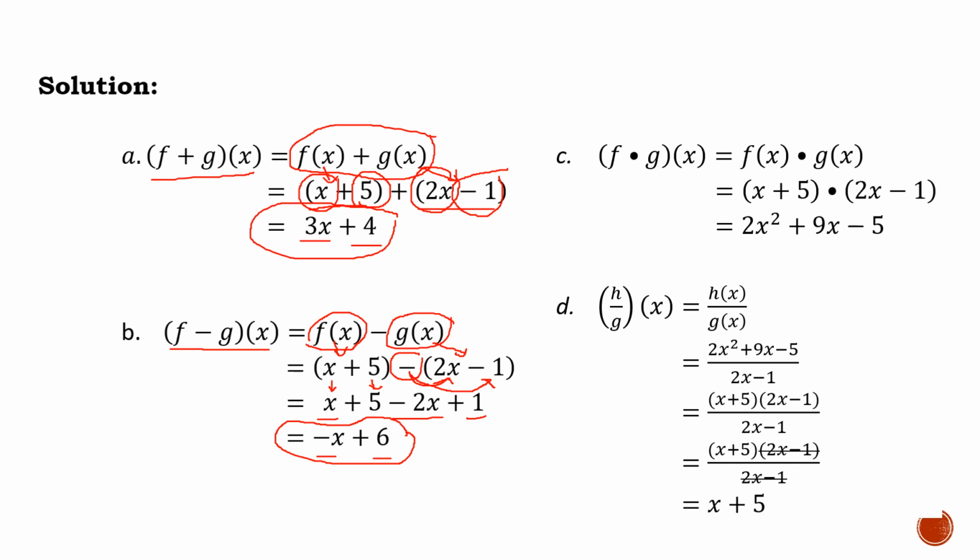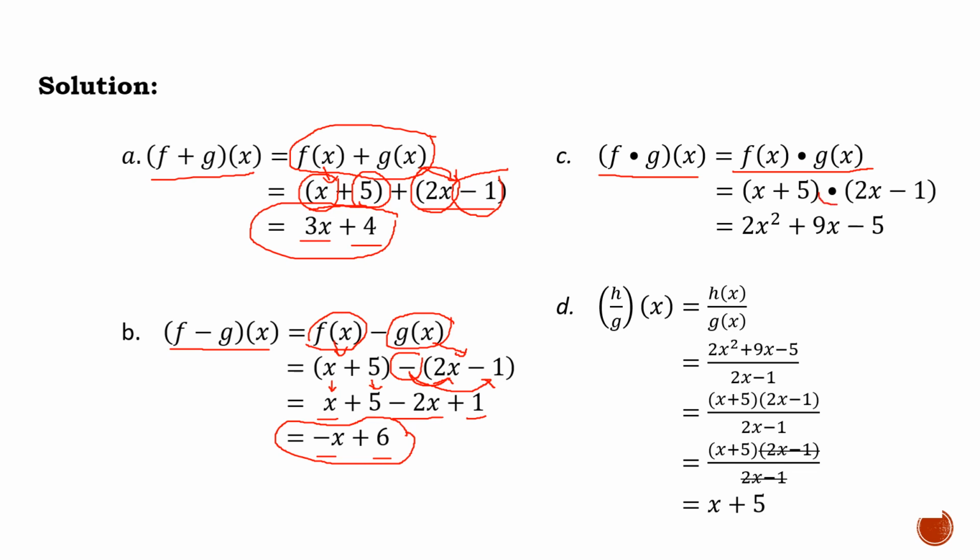Now, going to your letter C, which we can apply your multiplication on functions. Your f multiplied by g of x now is equal to the product of your f of x and your g of x. Again, we just simply copy your given functions or given values for your f of x and g of x.